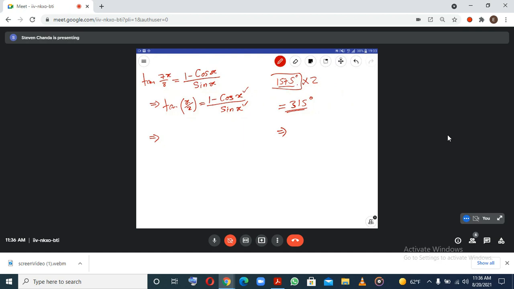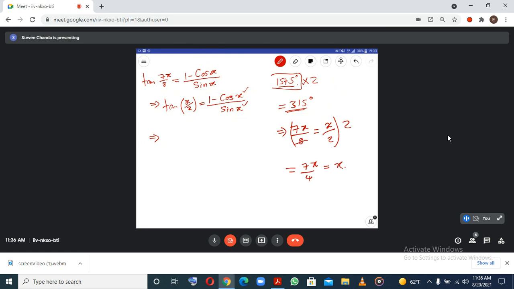So if this is half, you simply multiply through to get x. So that's going to be 7 pi over 4. Then it's going to be x. Okay, so that's your x. I hope that's clear.